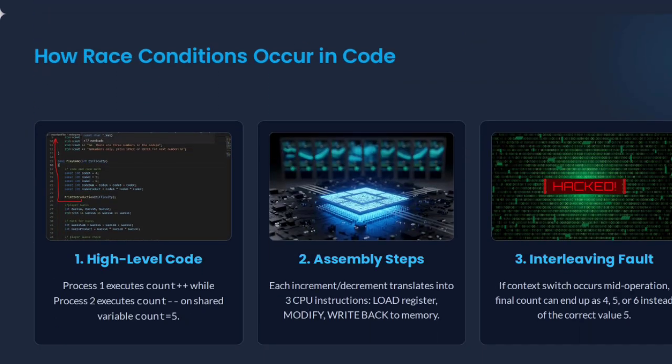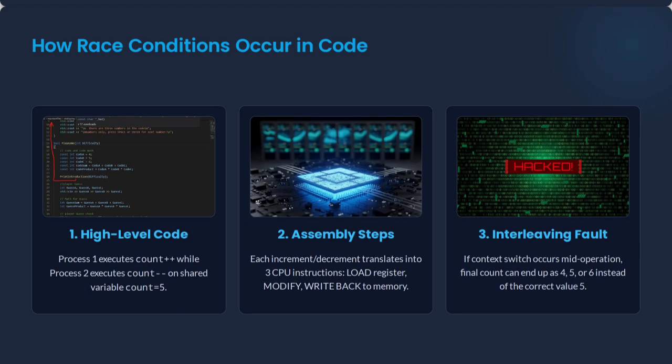Now, how does a race condition occur in code? First, high-level code is translated into assembly steps, and interleaving causes the fault. Suppose process 1 executes count plus 1 while process 2 executes on the shared value count of 5.